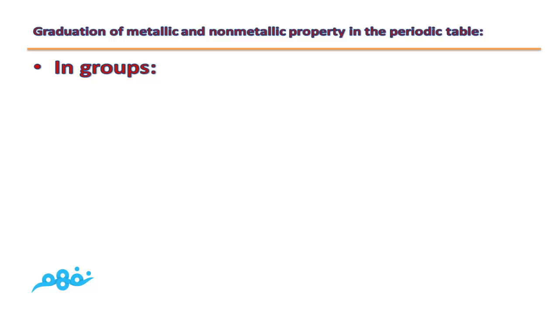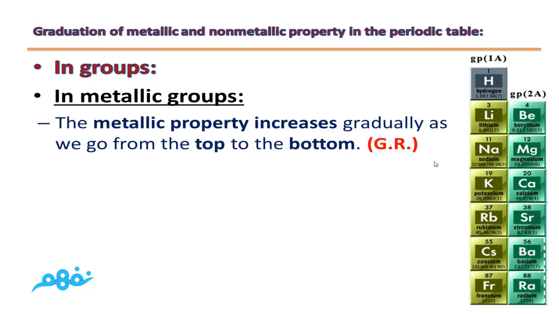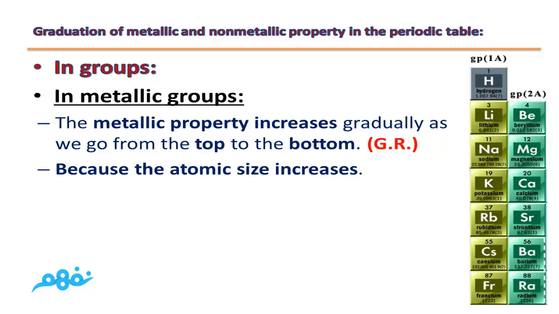But in groups, we will talk about metallic groups such as group 1A and 2A. In groups, the metallic property increases gradually as we go from the top to the bottom. And this is an important give reason question. Metallic property increases in groups by increasing the atomic number. This is because the atomic size increases.